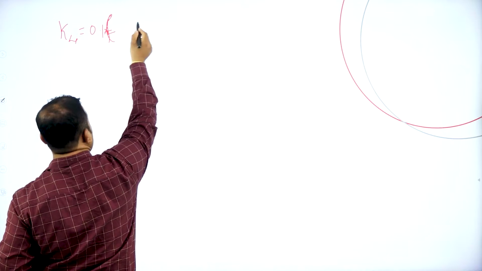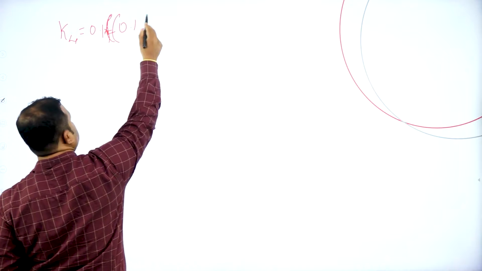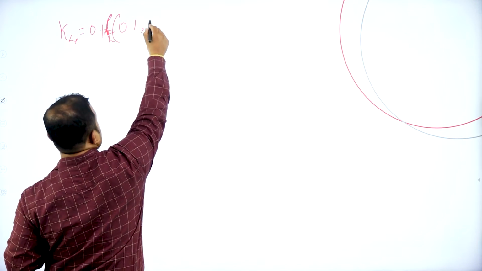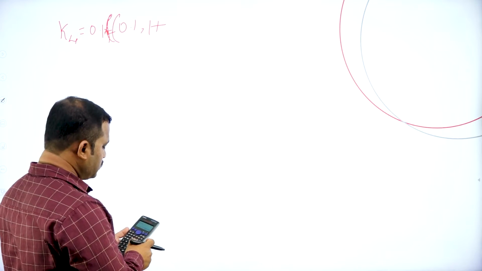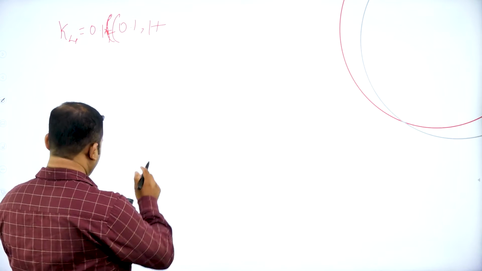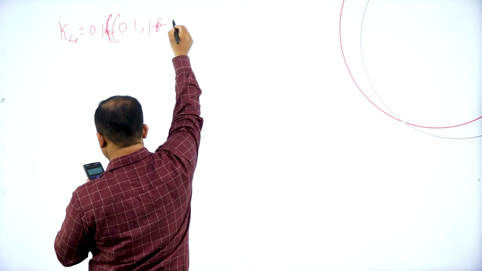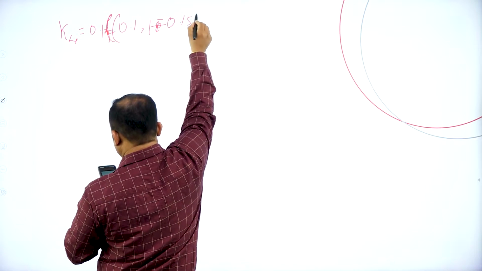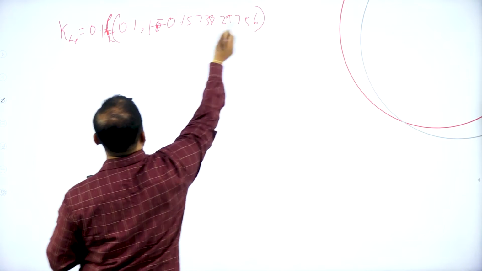That is 0. 0 plus h is what? 0.1 comma y0 plus k3. What is the value of y0? It is 1 plus k3. What is the value of k3? K3 we have found, which is equal to minus 0.157. Plus of minus, it becomes minus 1 minus 0.15738299756. This is the value.